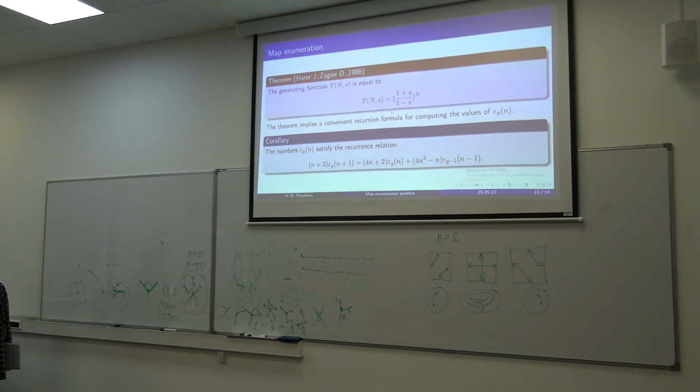So this is a part of mathematics where physics came in, but for Harer and Zagier in their theorem, it was just a step in their calculation of the Euler characteristic of the moduli space, and by this generating function, we can obtain the recurrence relation for these numbers.